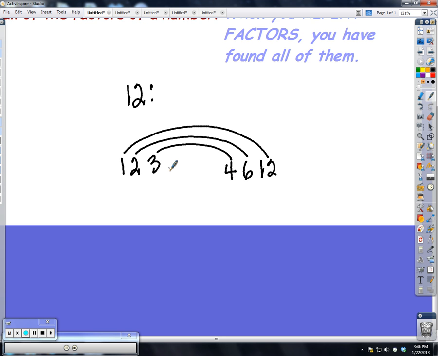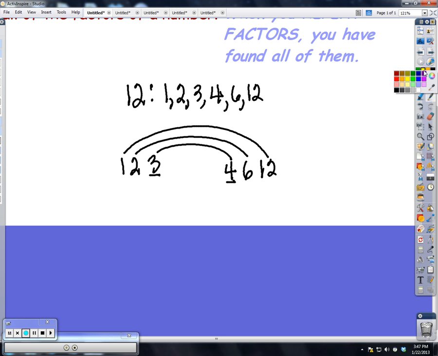Now when we get to 4, 4 times 3 is 12, but that is where we repeat factors, so we are finished. All of the factors of 12 in order are 1, 2, 3, 4, 6, and 12.